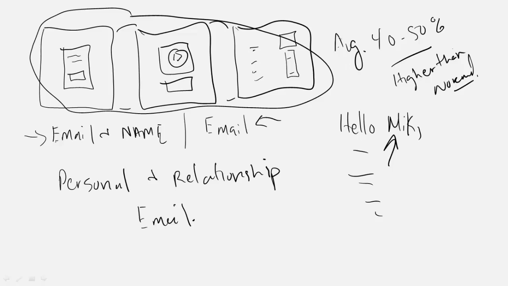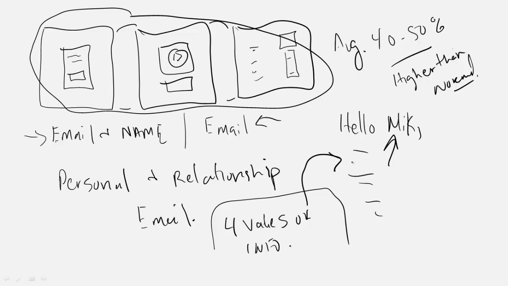So we wanted to take this power, the 40 to 50%, and effectively get four values of information, so that we could market to them with their name and such.